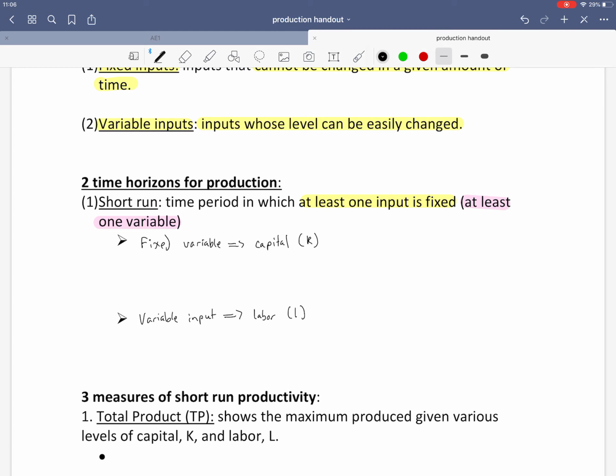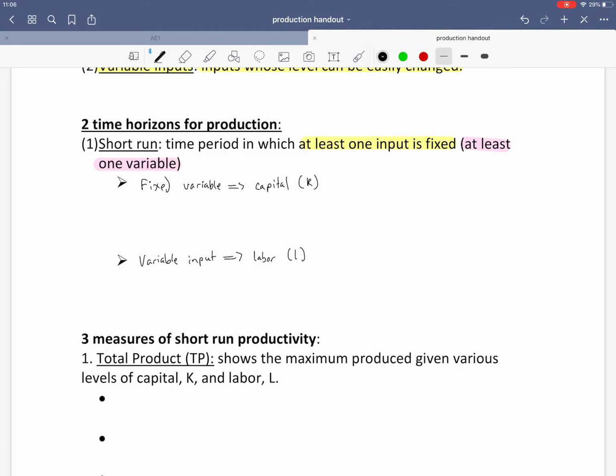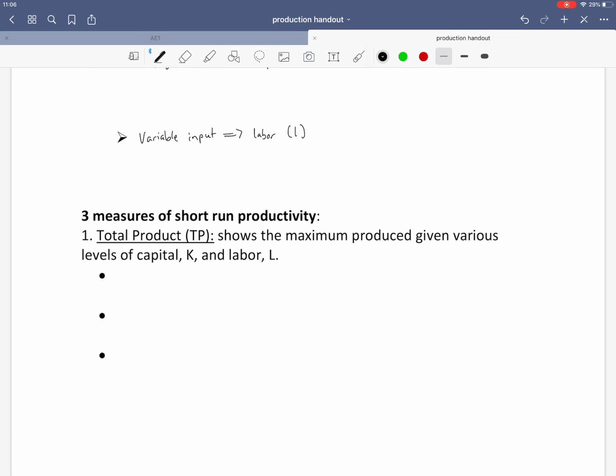So let's look at our measures of short-run productivity as discussed in the chapter. Now, the first measure of short-run productivity is going to be our total product.